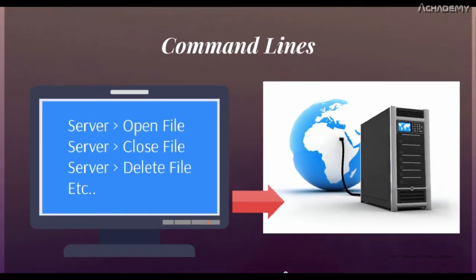For this reason, we need to communicate instructions to our remote server using command lines. Just about any action you can perform with the mouse and keyboard on your home computer can be done through command lines. Be it browsing folders, deleting, copying, or even editing files. We can do much more. These are just a few examples. Though it might sound difficult and time-consuming, using command lines is fairly easy.